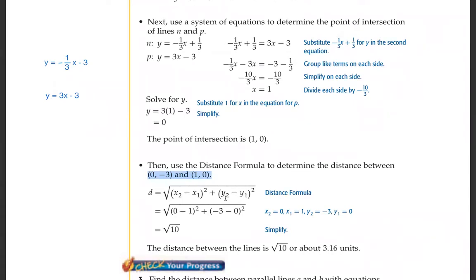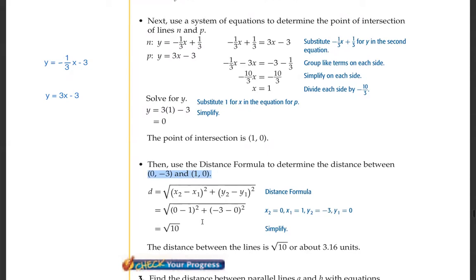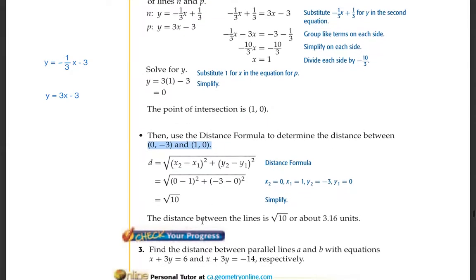And so that gives us 0 minus 1 squared plus negative 3 minus 0 squared. Okay, so here the x2 and the y2 is the 0, negative 3. The x1 and the y1 is 1, 0. Okay, and then it gives us square root of 10.